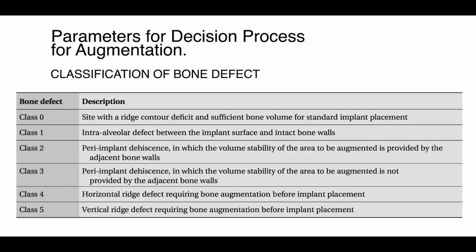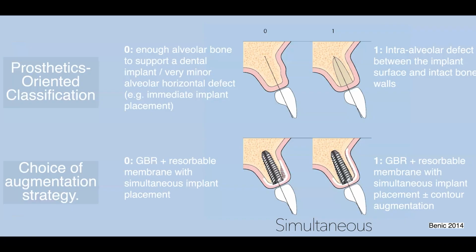This classification that I'm going to explain and focus on for the rest of the presentation is the Bannock 2014 classification. It has 6 classes from 0 to 5. I'm not going to say it's unique, but it's very useful to use day by day because it has the 3 components that we want.